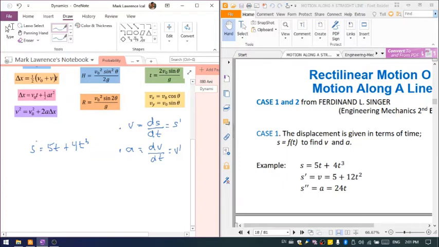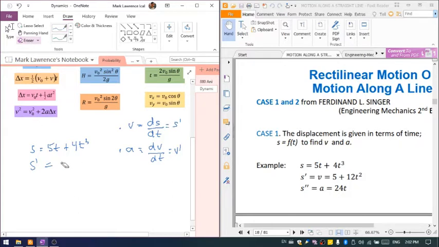Okay, so if we're going to do the s prime, we're going to do the chain rule. We're going to differentiate this whole function with respect to time. Now, the s prime is also equivalent to the velocity, and that velocity is equivalent to ds over dt.